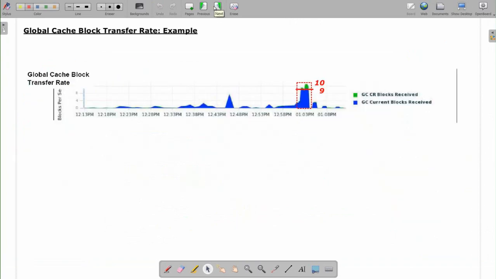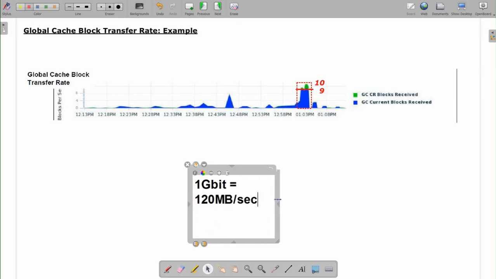Okay, so in this example, this graph is showing you the number of blocks per second. So how many blocks are transferred per second? Assuming that your interconnect network is a 1 gigabit network, that means theoretically we can achieve 120 megabytes per second throughput.